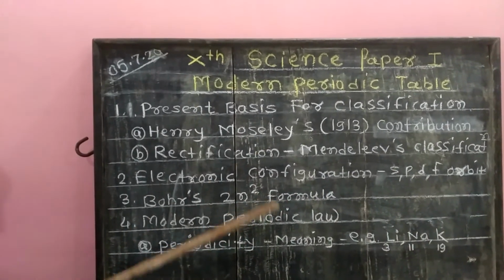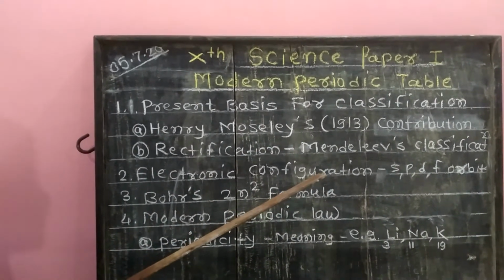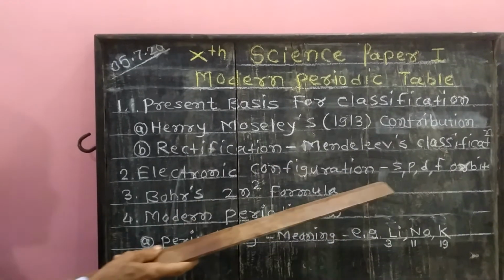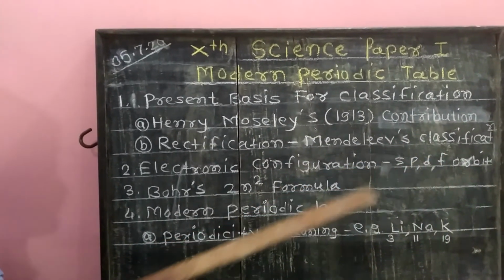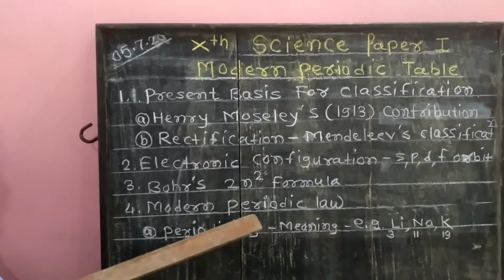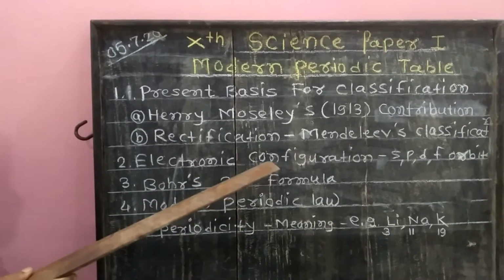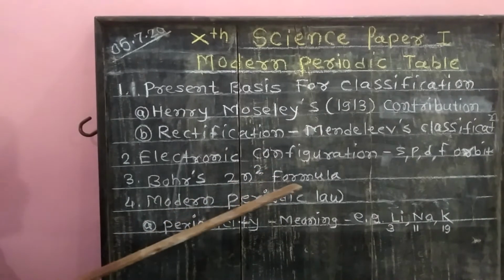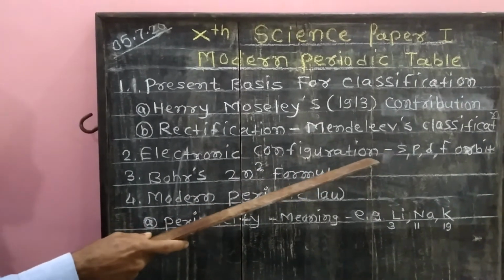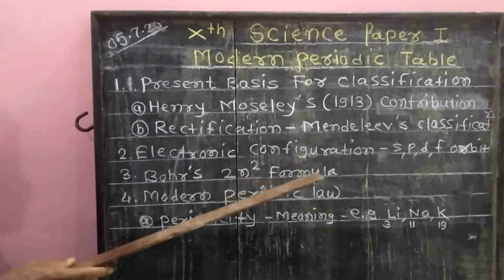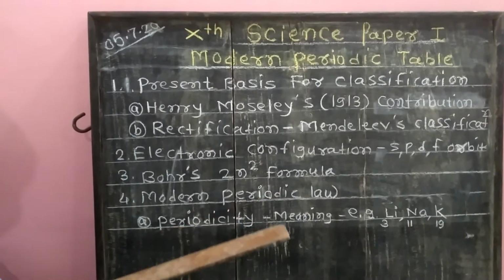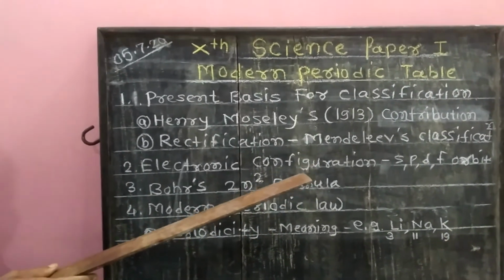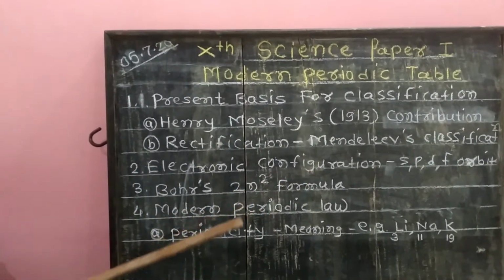These are the shells, and every shell has subshells like s, p, d, f, and that was the base for electronic configuration. Here, the electron is accommodated in s, p, d, f, and the names of these are according to their shape.